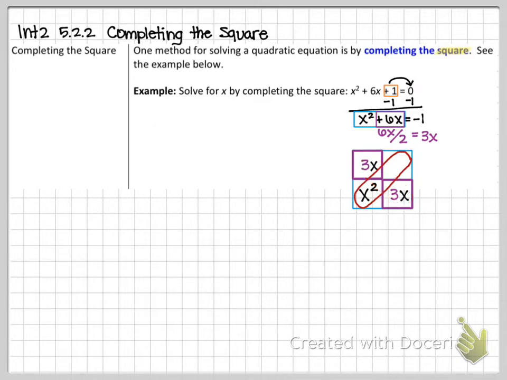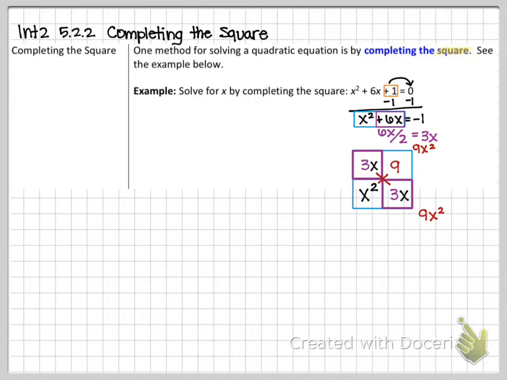Well, I don't know what the first diagonal is, but I do know what the second one is. So if I multiply the diagonal of 3x and 3x, that diagonal is going to give me a 9x squared. So we need to figure out what has to go in the top right box to make a 9x squared. Well, just so happens that it's got to be a 9.